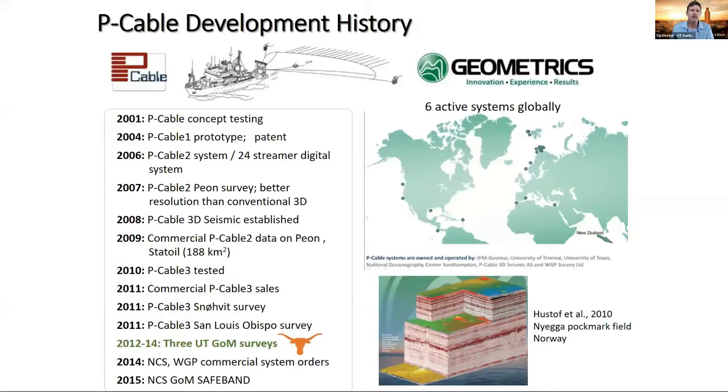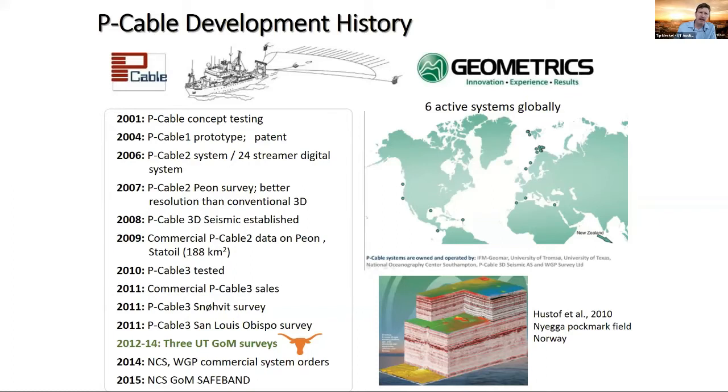So just to give you a sense of how these HR-3D technologies developed, and P-Cable specifically, it's really not that new a technology at this point. They were concept testing this 20 years ago, and then gradually built some prototypes, and this was all done in Norway. In about 5 or 6 years, they were able to get to some pretty high quality acquisition, showing recovery better than 3D.